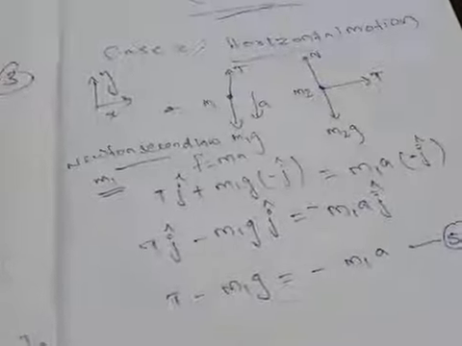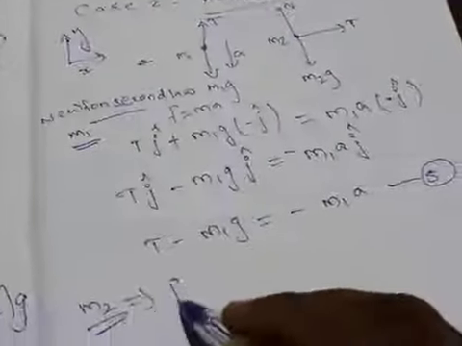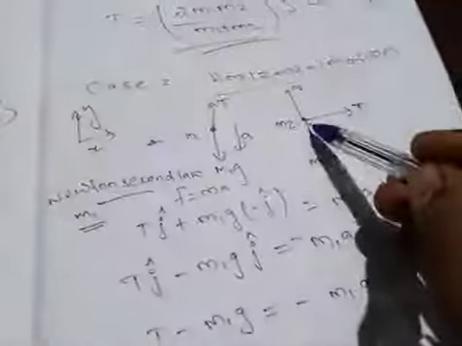Now applying the same Newton's second law on mass M2, F equal to MA. M2 is this one.